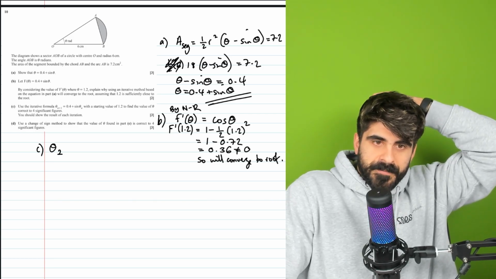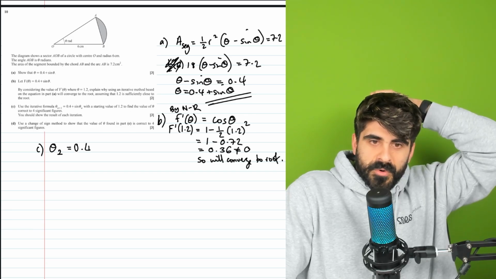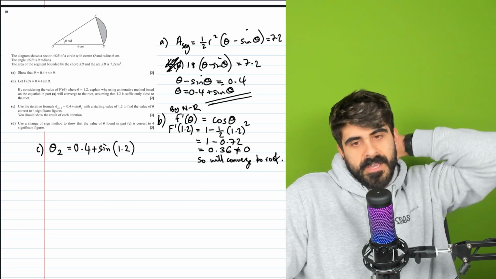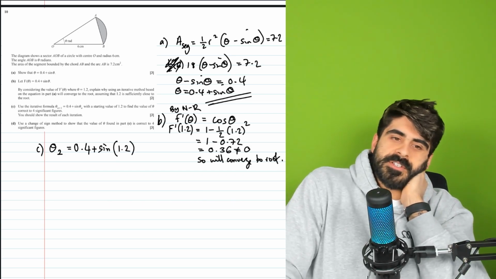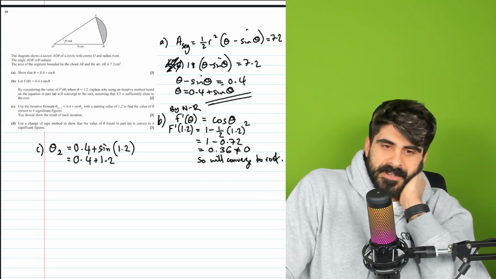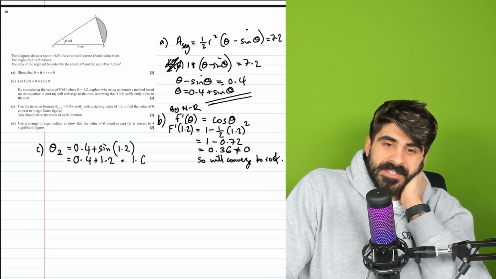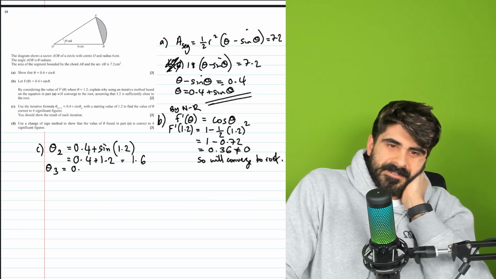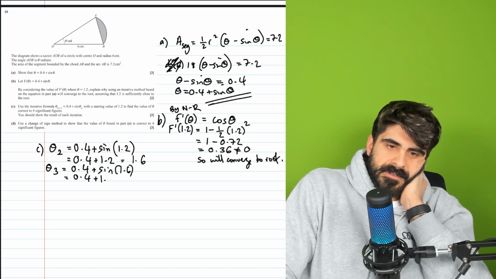Theta 2 is 0.4 plus sine of 1.2. Could I even go so far as to try and gain a mark from saying that's about 1.2 and saying that's 1.6? Hey, I'm going to try my luck, guys. So theta 2.